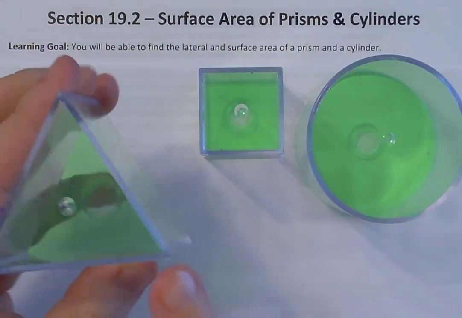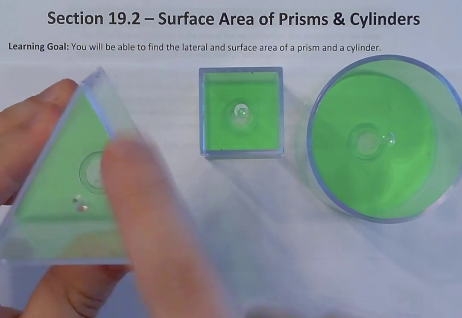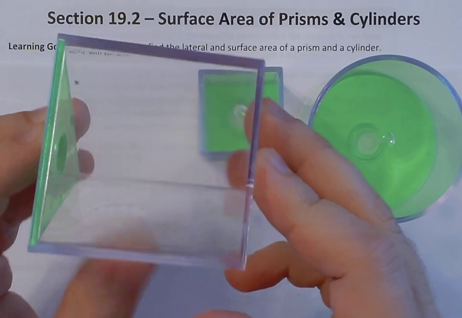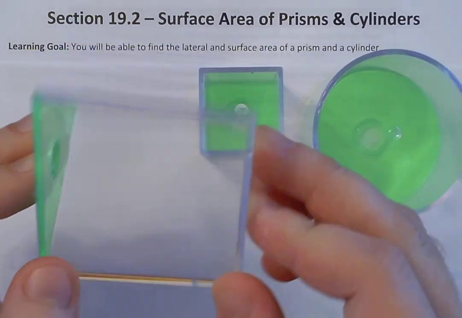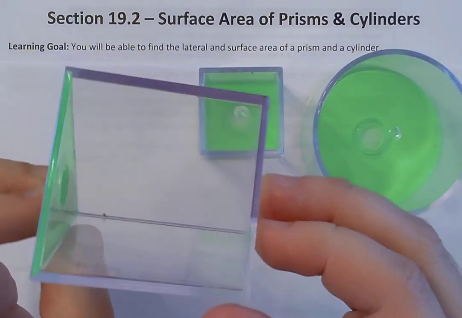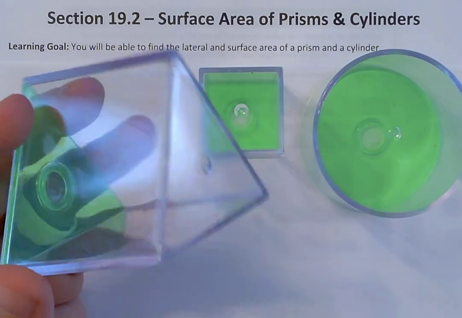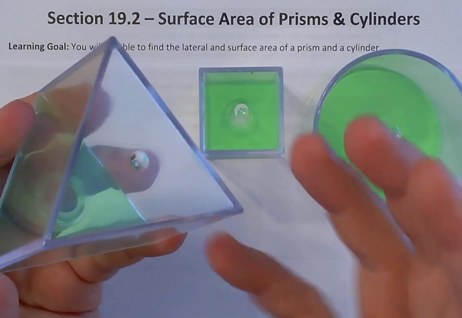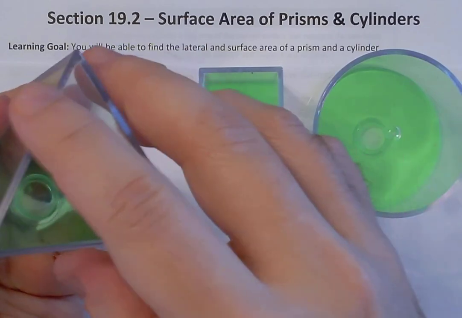So surface area refers to the area of both triangular bases, the top and the bottom, and then all three sides, or all four sides of your prism. So surface area is the entire outside surface area.